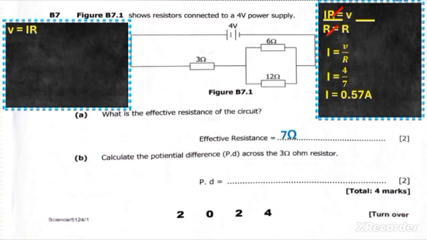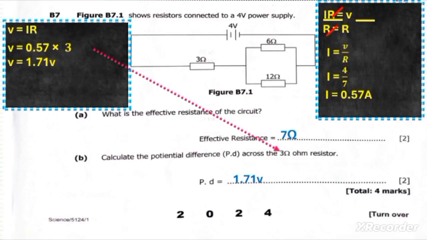Therefore, potential difference is equal to 0.57 times 3, we are going to get 1.71 volts. So our potential difference here is 1.71 volts.